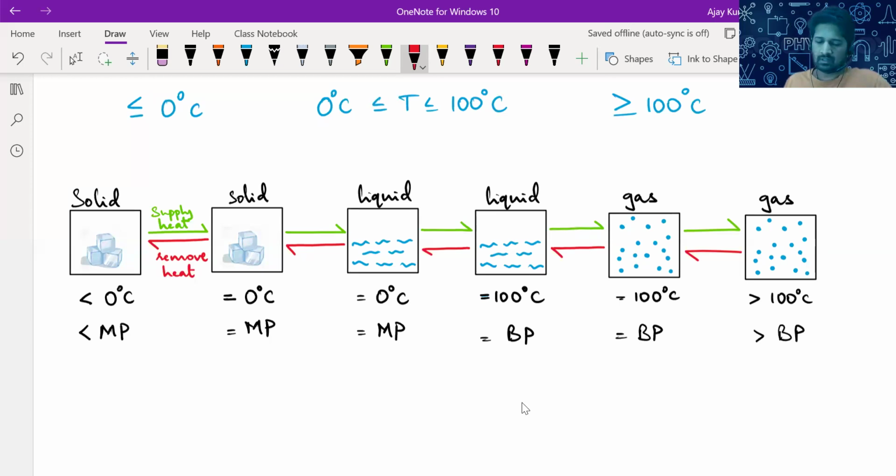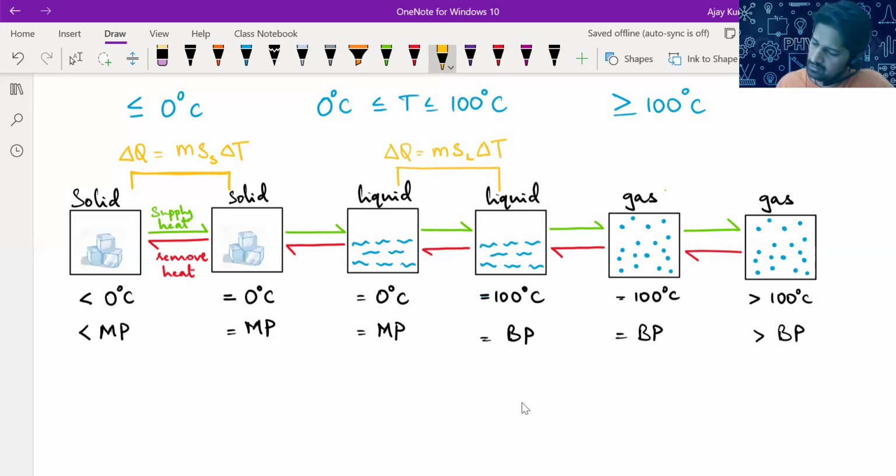Now, while being in the same state, if you supply heat, its temperature will rise. If you remove heat, its temperature will decrease. So when state change is not happening, you can use this equation. For example, in solid state itself, when temperature is changing, you can use delta Q = m c_solid delta T. Then in liquid state itself, if temperature change is happening, you can use delta Q = m c_liquid delta T. In solid state and liquid state, specific heats will usually be different.